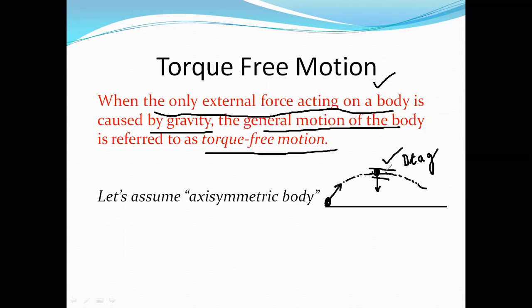But if we assume that the drag is zero, there is nothing like drag, then the only force acting on the projectile is the gravitational force. So we can classify this motion of the projectile, while we neglect the drag, as the torque-free motion.